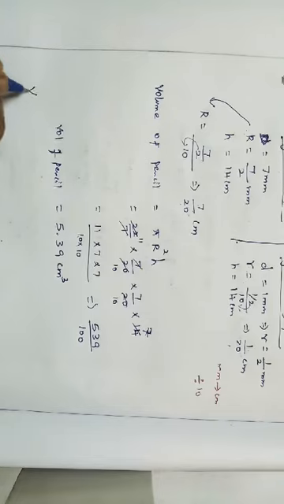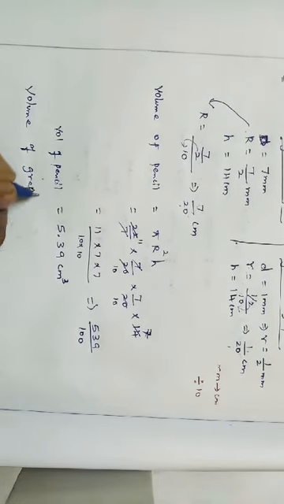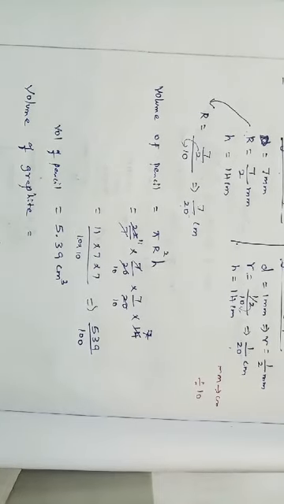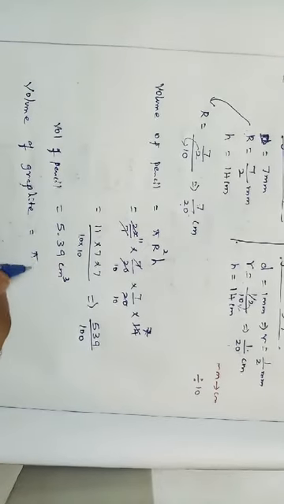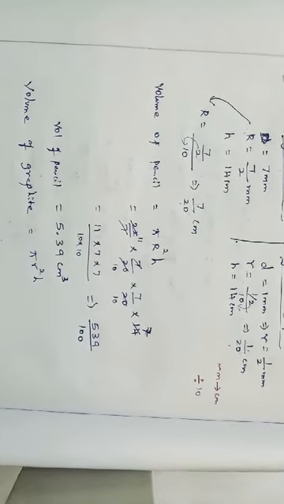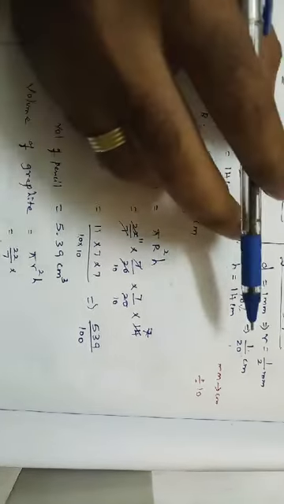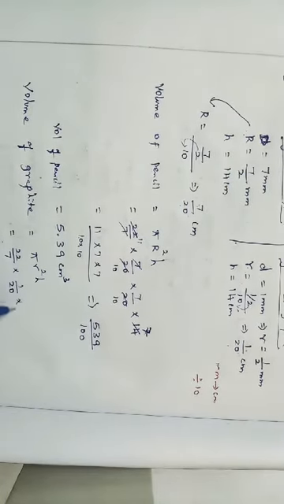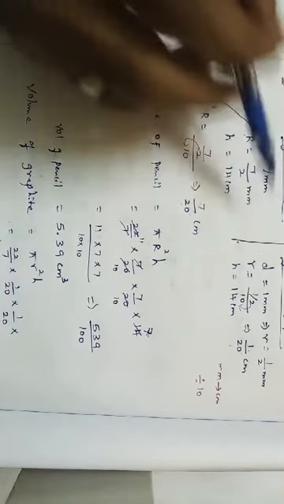Next I'm going to find the volume of graphite. What is the shape of graphite? Graphite is cylinder shaped. So volume of cylinder is equal to pi r square h, with small r. Substitute the values. Pi is 22 by 7. What is the value of r? Radius is 1 by 20. So r square is 1 by 20 into 1 by 20, into height of the cylinder, 14 centimeter.